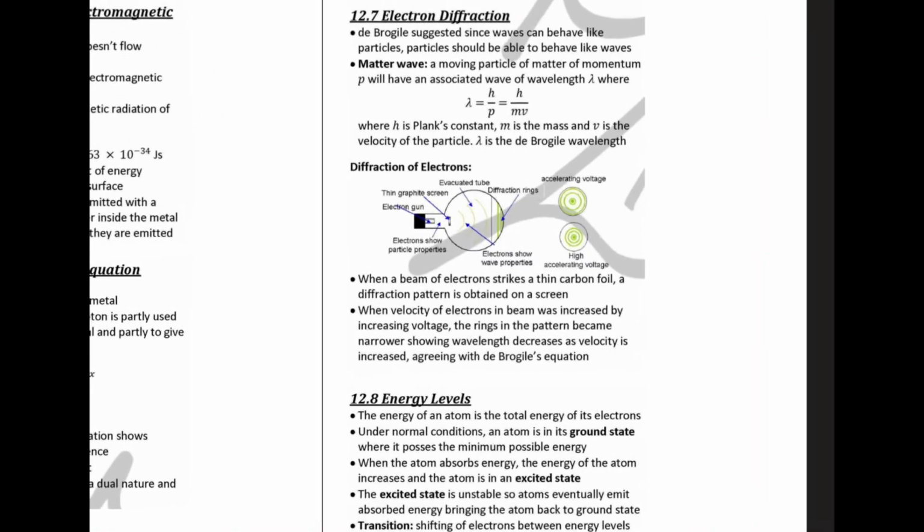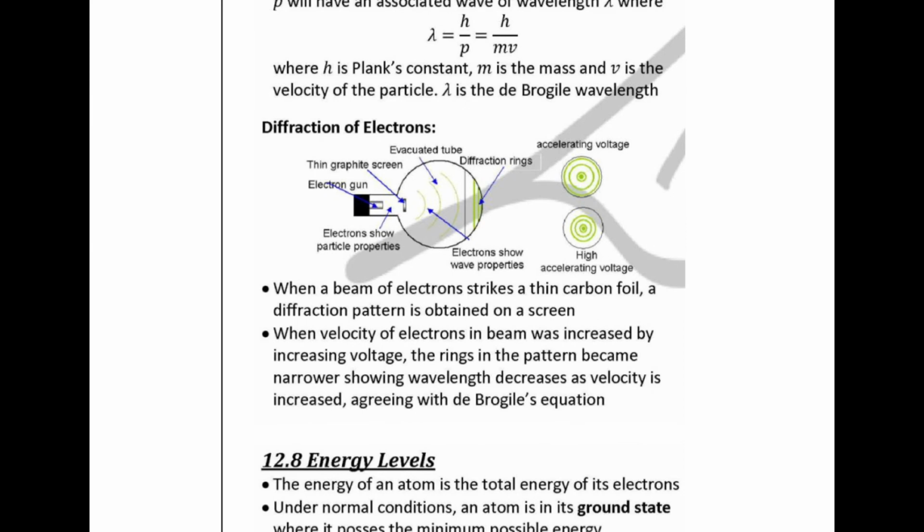So what we do here is we put an electron gun here, then the electrons come out, move straight, and reach the thin graphite screen. Basically, the thin graphite screen has small holes. When a wave passes through a small hole, the wave bends, and that is diffraction. So the electrons that pass through the small hole bend also.